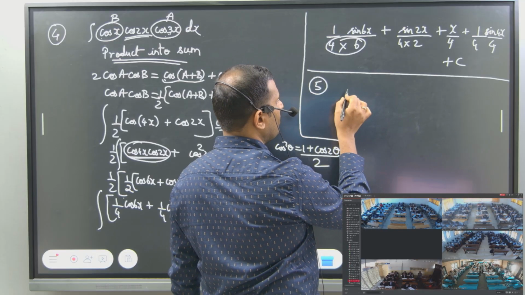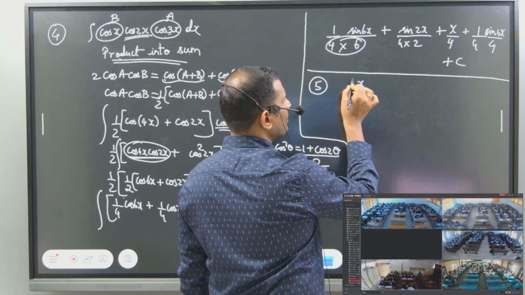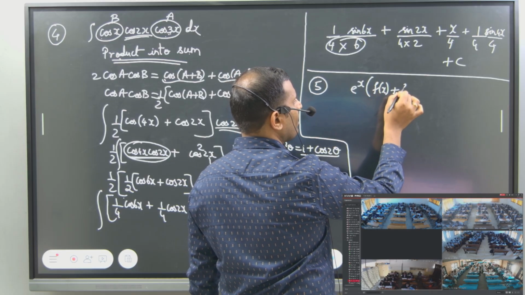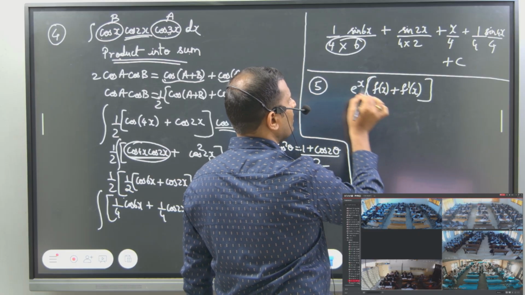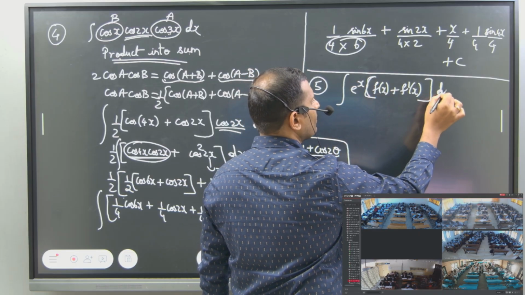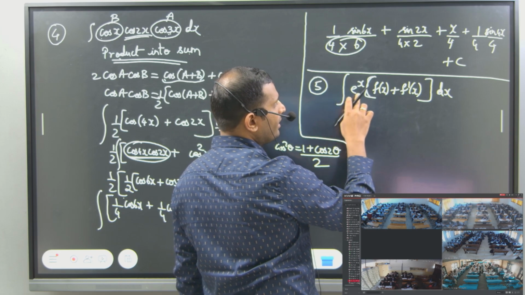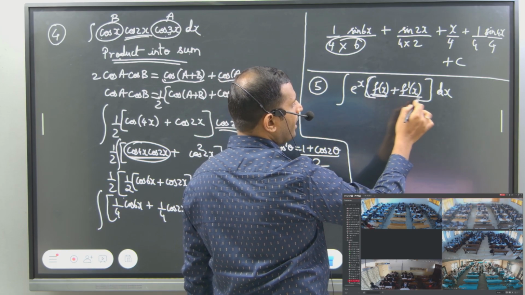You have studied it in NCERT also: e power x into f of x plus f dash x. What should you integrate? e power x into a function plus its derivative.